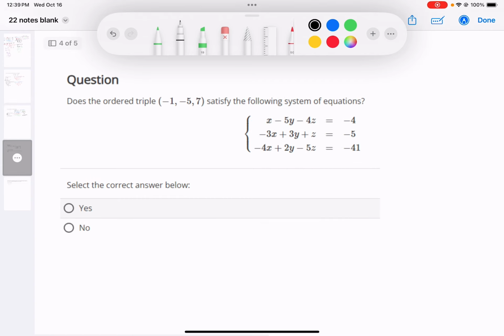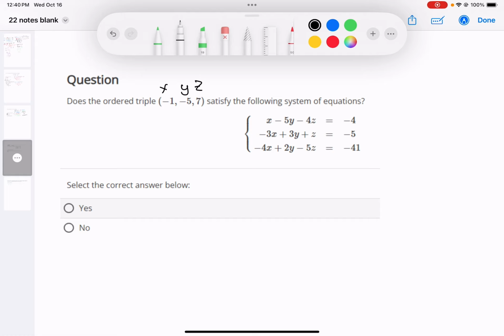Okay? All right, let's do another one of these. This is one where we're plugging in our x, y, and z values. And this time we only have to test one pair. Remember, if it works in the first one, it's got to work in the second one, and it has to work in the third one. If at any point you get a statement that's not true, then it's not a solution.